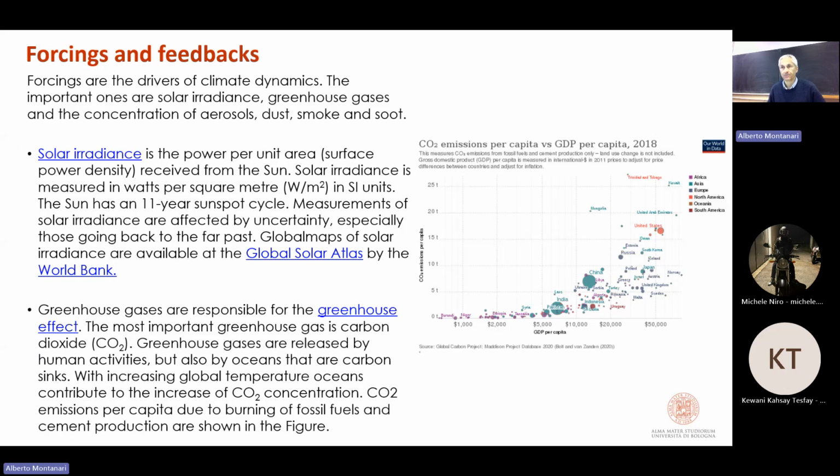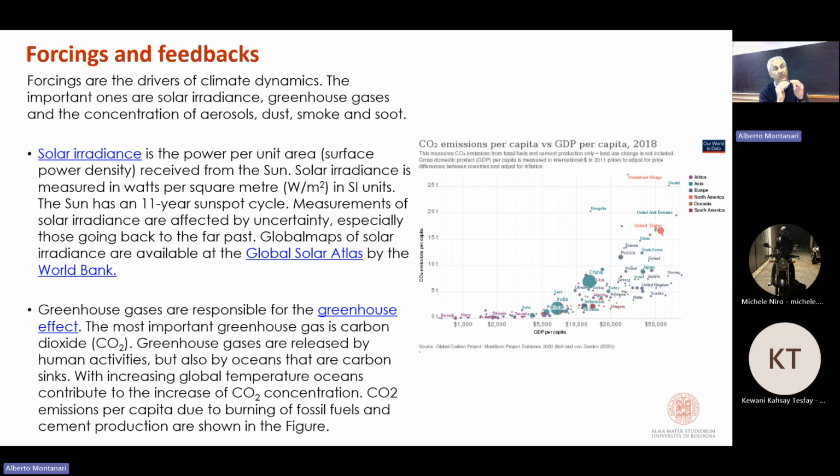Okay, so what are the drivers of climate dynamics? Let's get more into science. The drivers are solar irradiance, because it's the only source of energy for the Earth system. Another driver is greenhouse gases, because according to the greenhouse theory, they limit the flux of heat from the Earth to space.